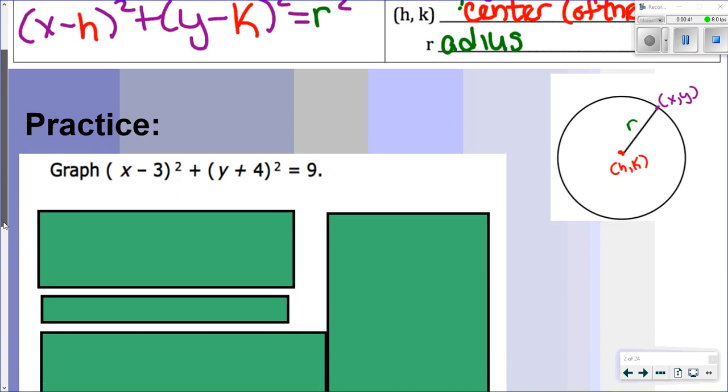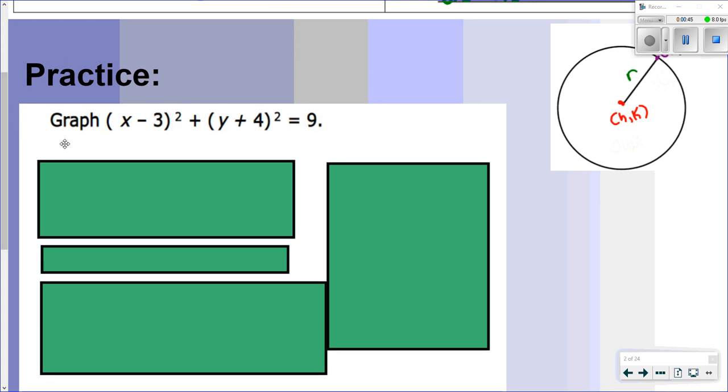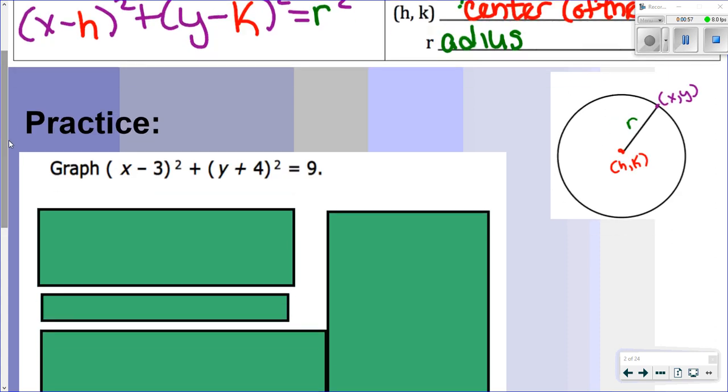We're going to do some practice based on what we learned in the previous lesson. So this one, we did examples where we had to graph the circle equation, and they gave us this format. If you remember what the formula is, which is up there, we need to know what our center is and what our r is.